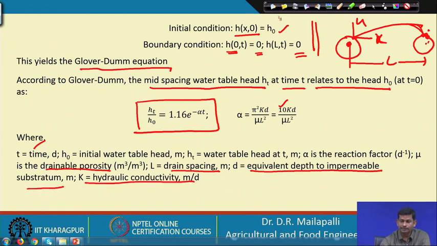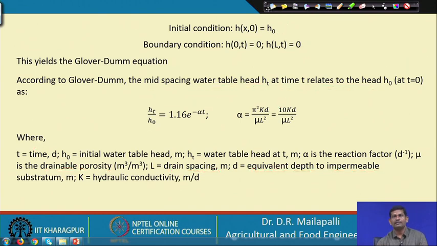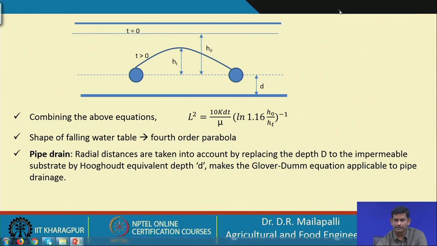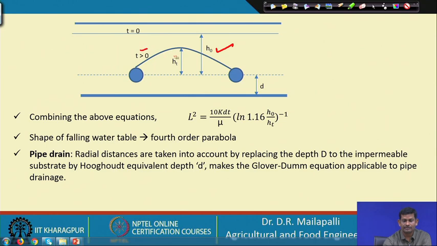So, this equation will give the water table at any time t. The same thing, if you see, at time t equal to 0, that is h naught, and at t greater than 0, that is h t.